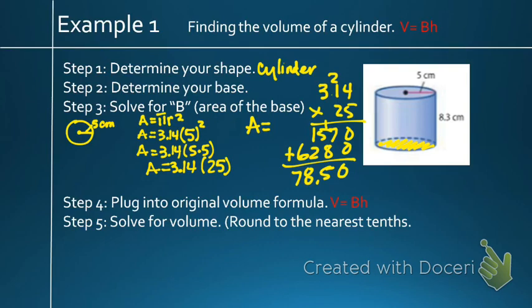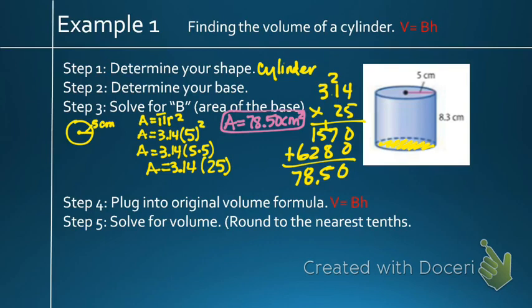Okay, so our area, I'm doing a different color, area equals 78.5 centimeters squared. This is just your big B, your area of your base.